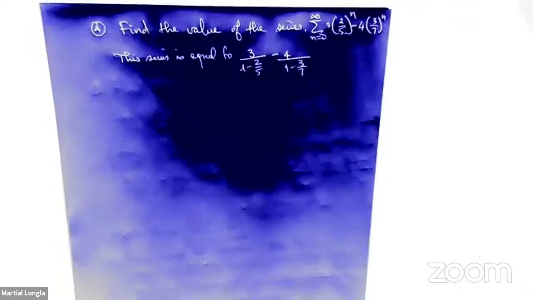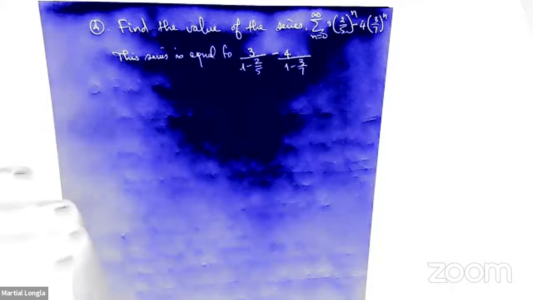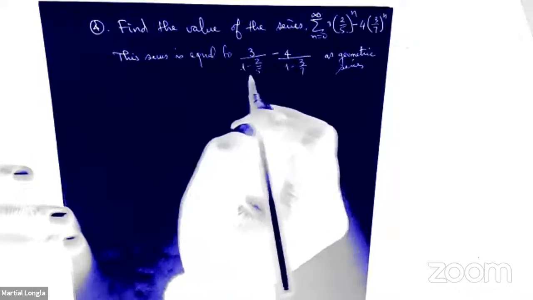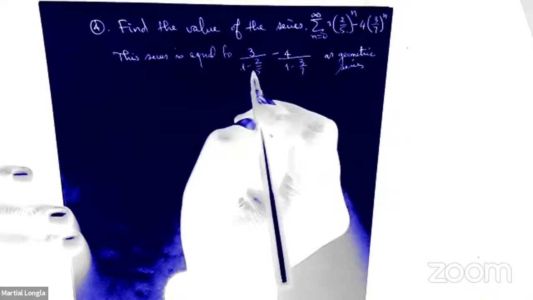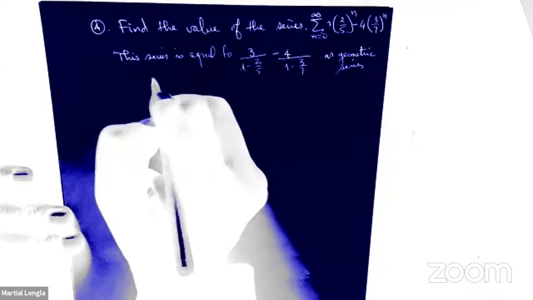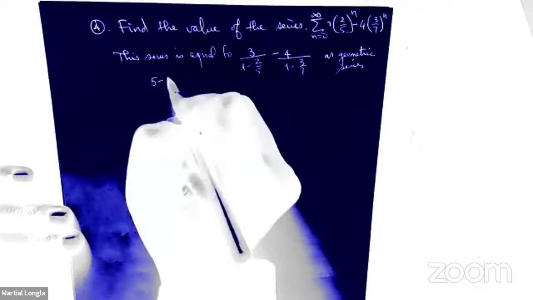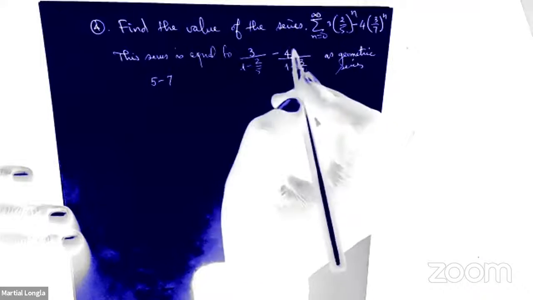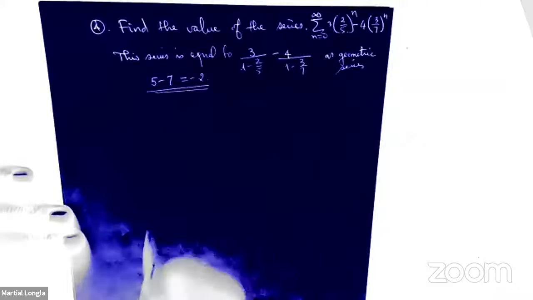That's the easy answer, because the sum of a geometric series is a over 1 minus r. And when you do that algebra there, in this first one, 5 minus 2 is 3. You get 7 minus 3 is 4. 4 over 4, they cancel. So the answer is minus 2.